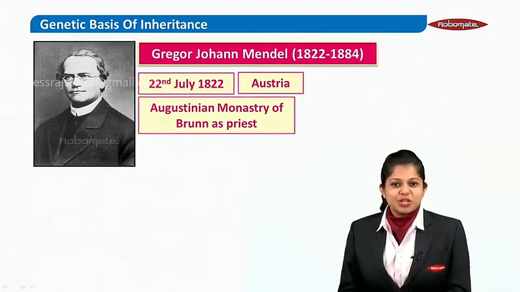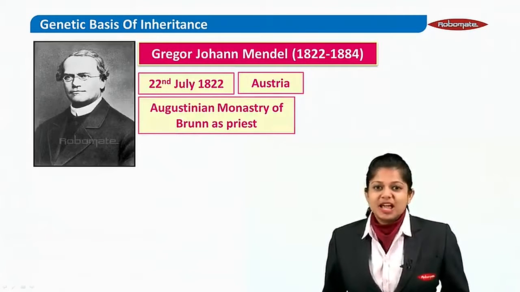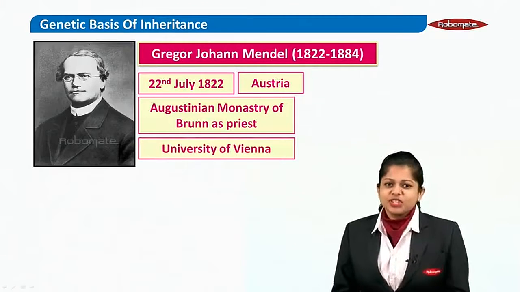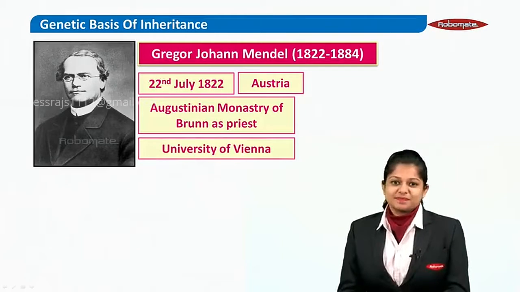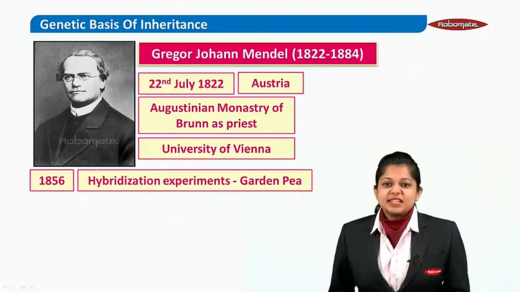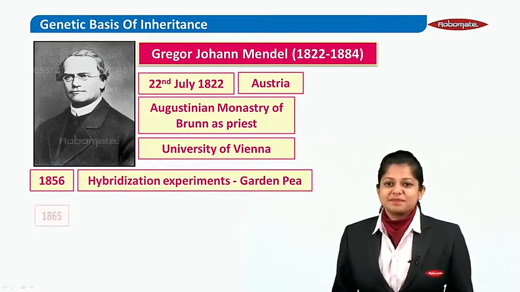After his graduation, he joined Augustinian monastery of Brunn as a priest and further went to the University of Vienna for his higher education. In the year 1856, he did his first hybridization experiments on garden pea.